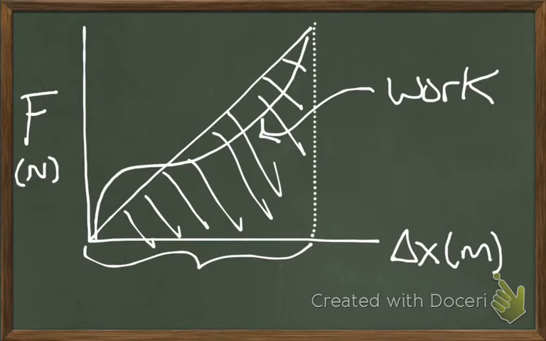If you found the area underneath that curve, you would find the work done in this space. And sometimes it's easy, where if it's a straight line, you can just use geometry, and sometimes you can use calculus. If it was curved, where you were given some function, then you could find the work by taking the integral. But we will do that later in the year.